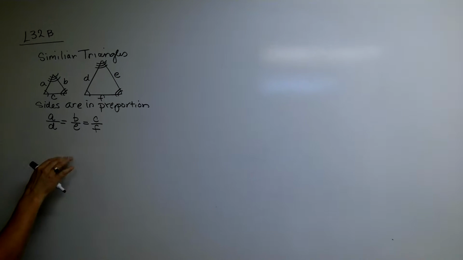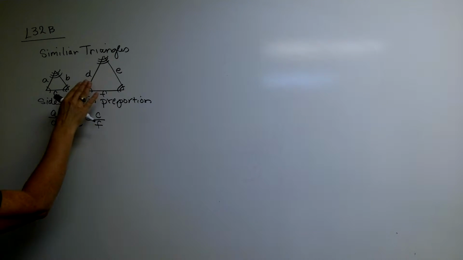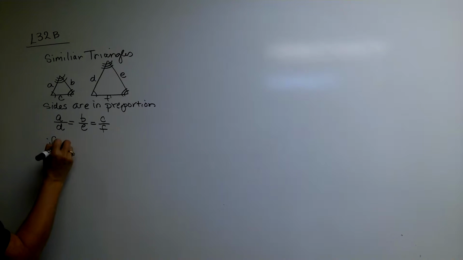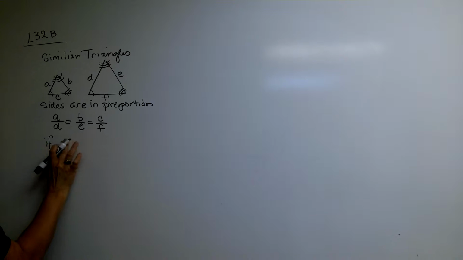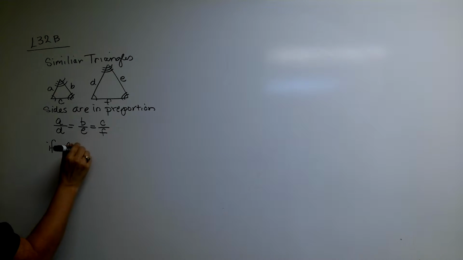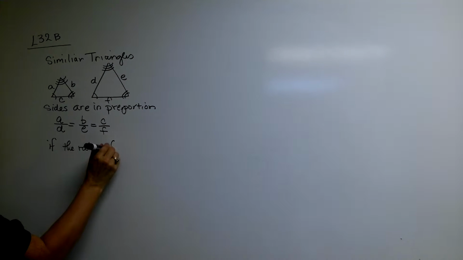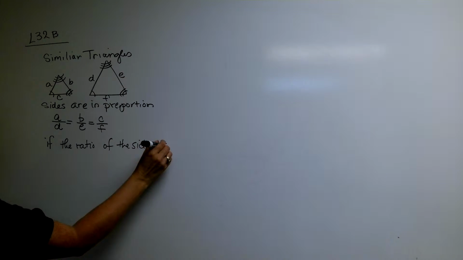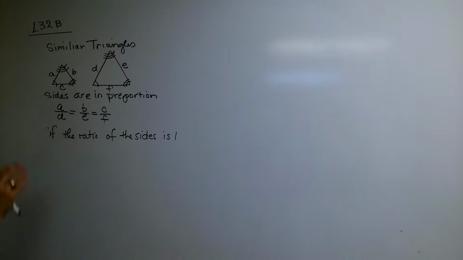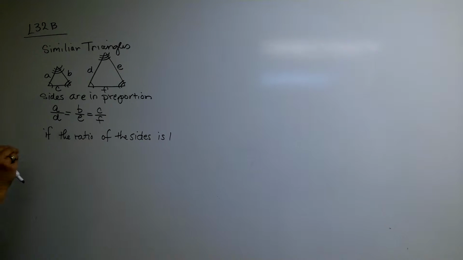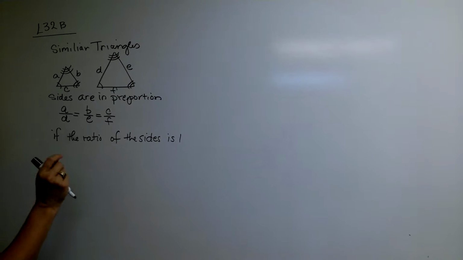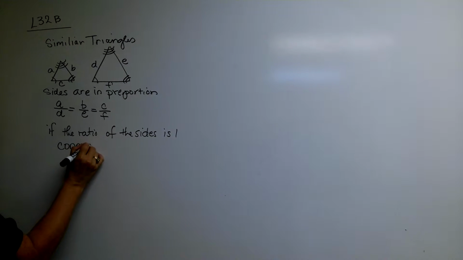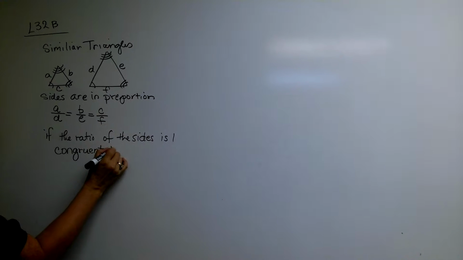If it happens that we have similar triangles and the ratio of the sides is 1, so if we took the ratio of A over D and that ratio was 1, then we say we have congruent triangles.